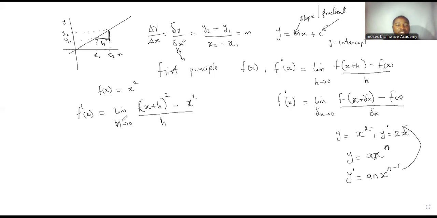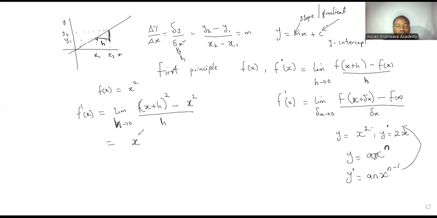Now, can I pass the limit here? No, because of the h that is here. If I pass h going to 0, if I evaluate the limit over here, I'm going to get 0 in the denominator, which we don't want. So basically what we're going to do right here is to expand this.